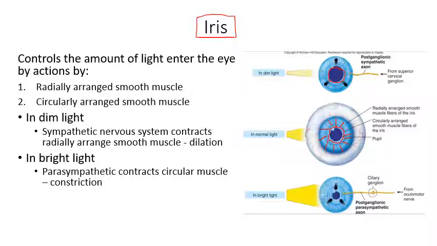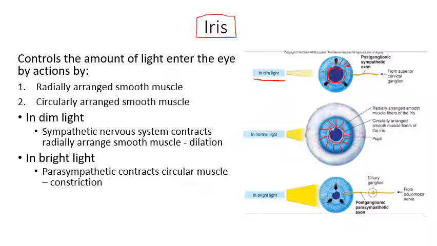Okay, but you can see in dim light, we want to have more light coming in. We have very little light out in the environment, and we want as much coming in as possible so we can stimulate those photoreceptors. In that case, the muscle that gets contracted would be this radiate muscle. If these muscles that radiate this way shorten, they pull the pupil open.